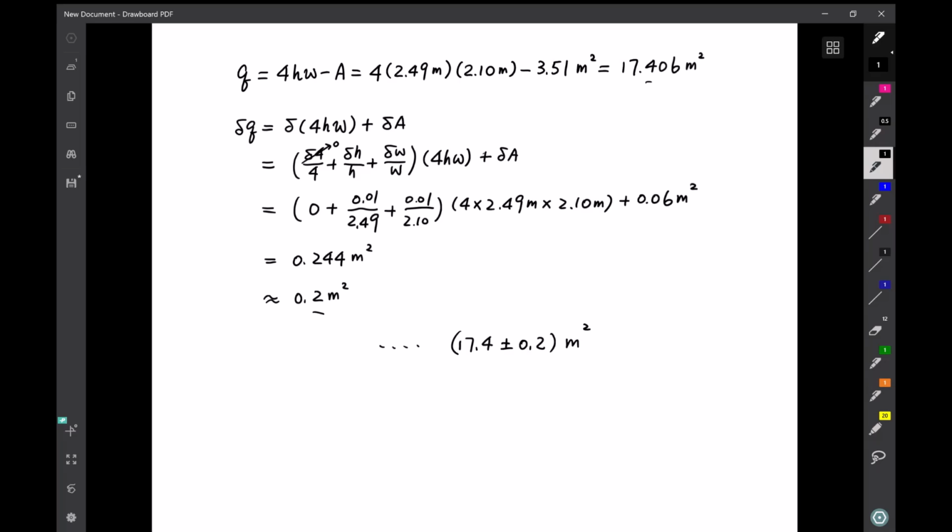We do allow 2 digits for the uncertainty. So if that's the case, you can also do this. Round this to 0.24 meters squared. If you do it that way, then your answer will be 17.41 plus minus 0.24 meters squared.